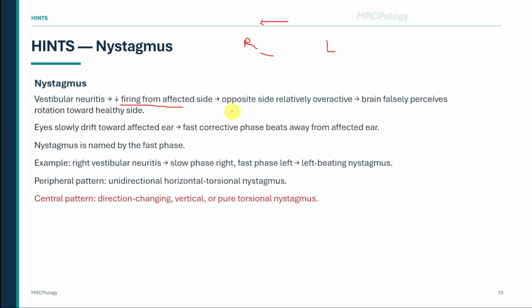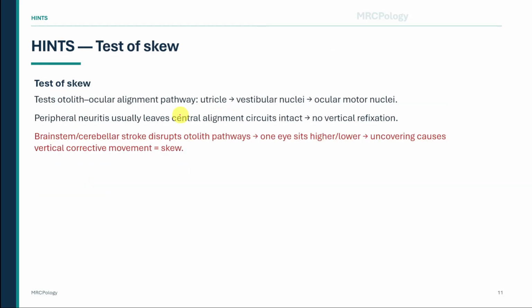Then perform the test of skew. This tests vertical ocular alignment, involving otolith pathways from the utricle through the vestibulonuclei to the ocular motor nuclei. You cover one eye, then uncover it, looking for vertical corrective movement. In typical peripheral vestibular neuritis, there should be no skew deviation. In a brainstem or cerebellar stroke, one eye may sit higher or lower, so uncovering causes a vertical refixation movement.